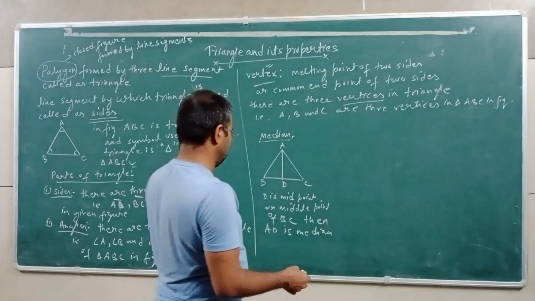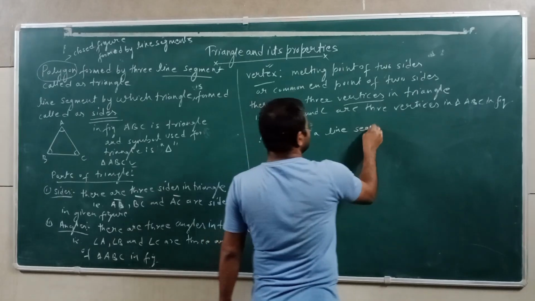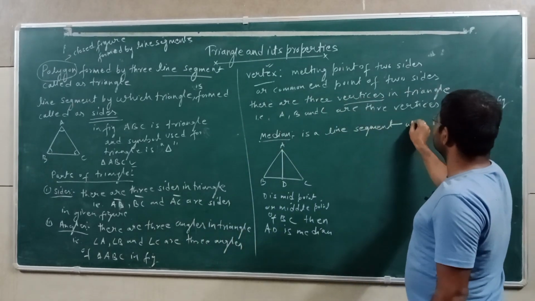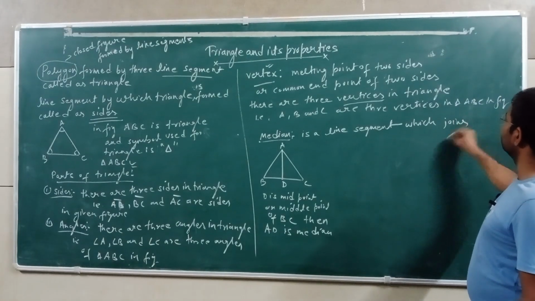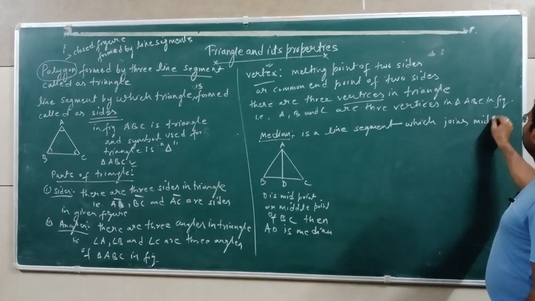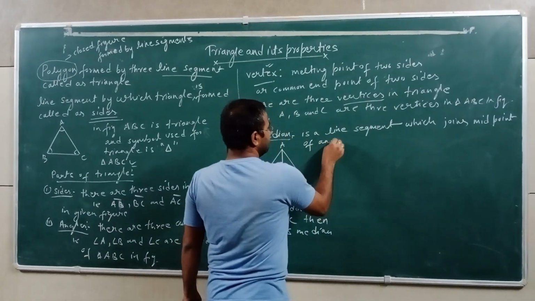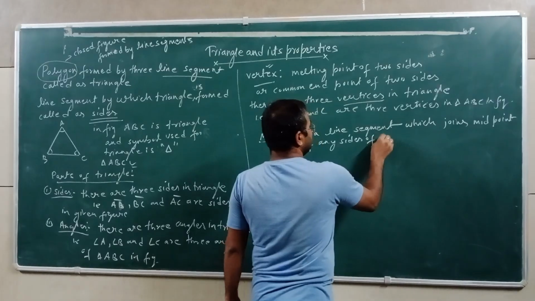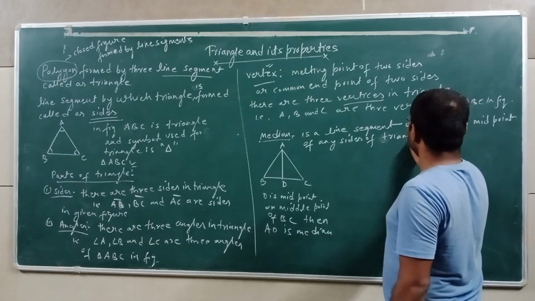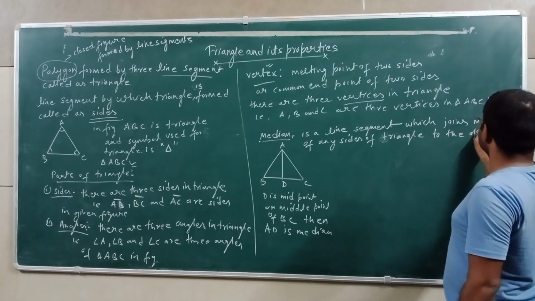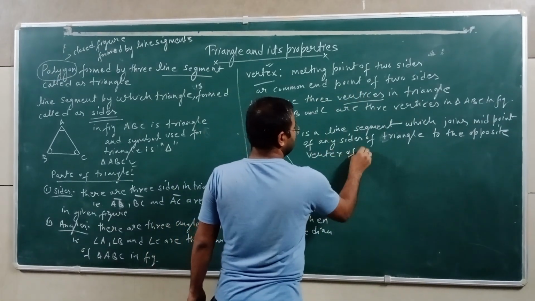Now how will you define a median? A median is also a line segment or line which joins the midpoint of any side of a triangle to the opposite vertex of it.